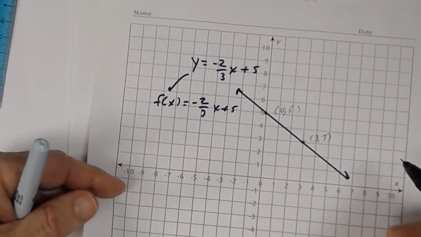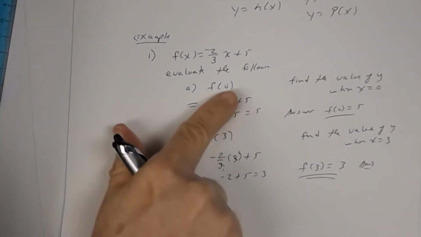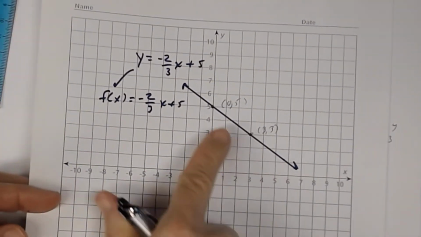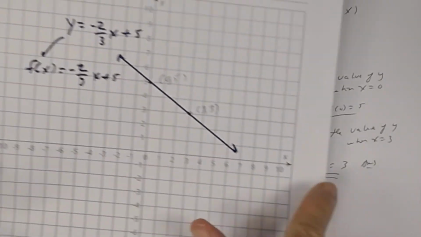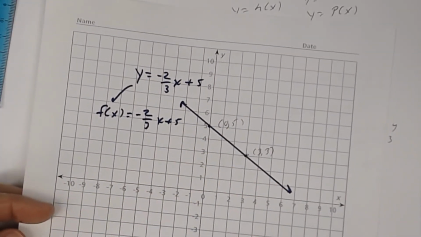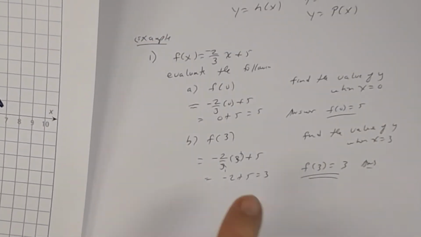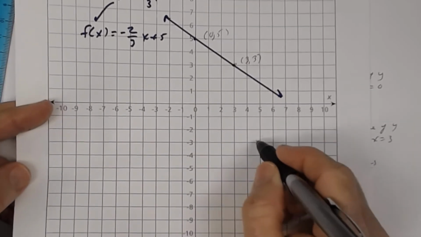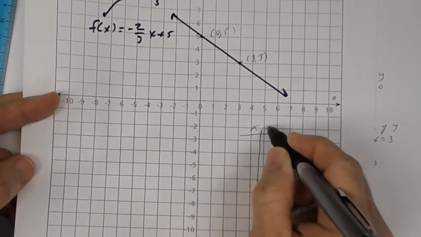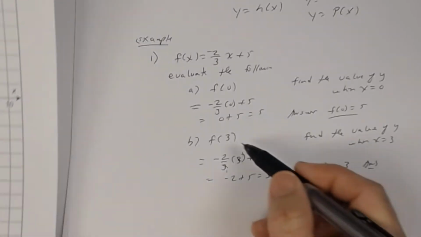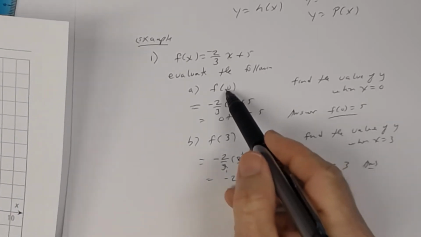So make a connection. It's important that you make a connection between these things and the graphs. Basically what you're finding are points on this graph. And so instead of using a t-table like we would normally do, you see how I found f of 0 when I asked you to?